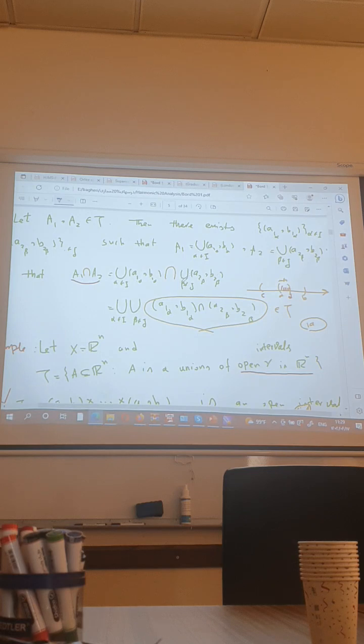This is equal to this union, where this interval intersects with this interval. But we know that the intersection of two intervals is an interval. This may be the empty set or an interval, okay? So this is a union of intervals, so this must belong to tau.